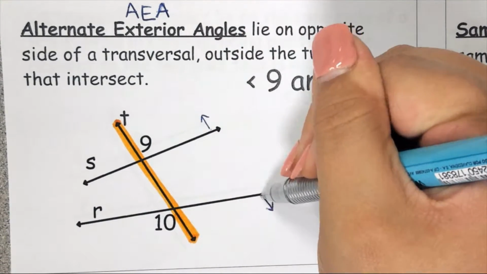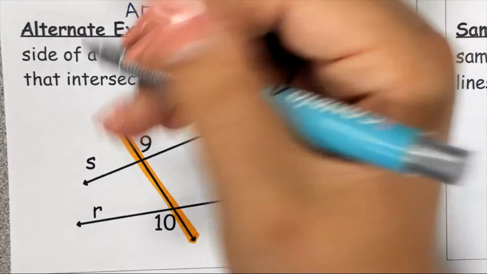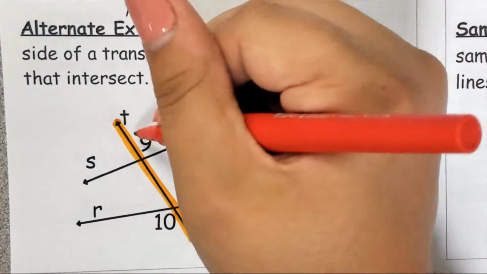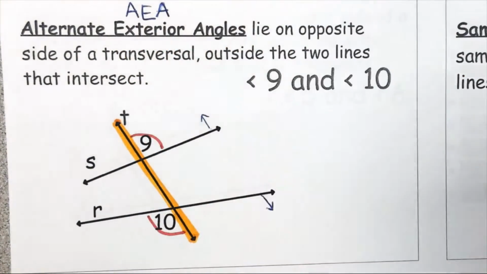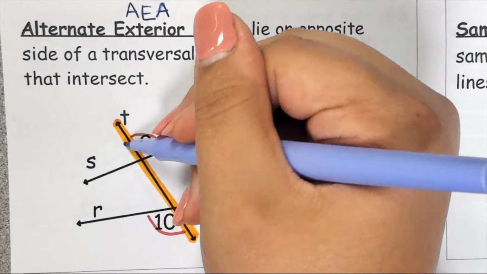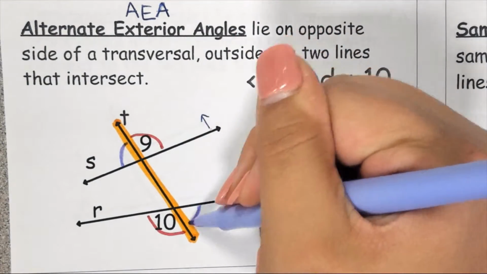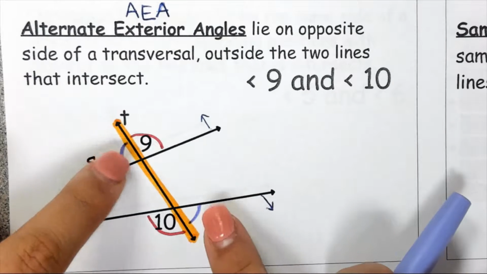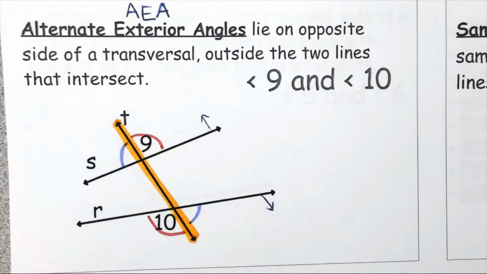So they're not in between the two lines now, they're outside of them. So we have angle 9 and angle 10 are alternate, different sides, exterior, outside of the two lines. And like before, we also have this one and the purple ones. They are on opposite sides of that transversal, outside of my two lines.